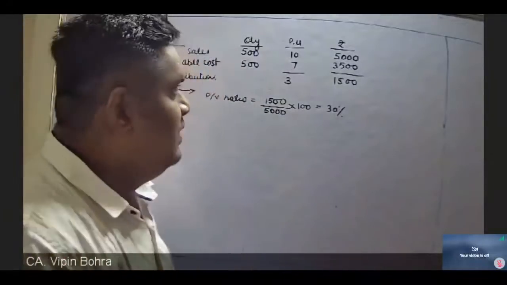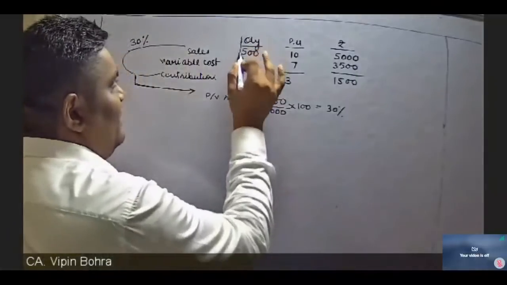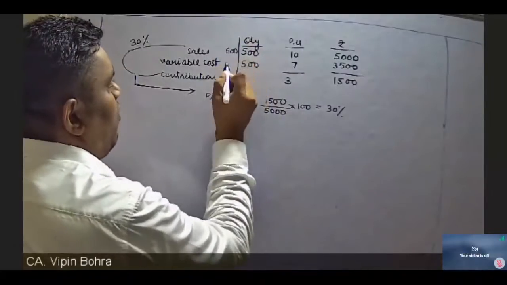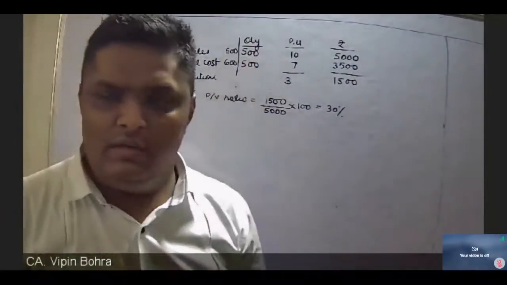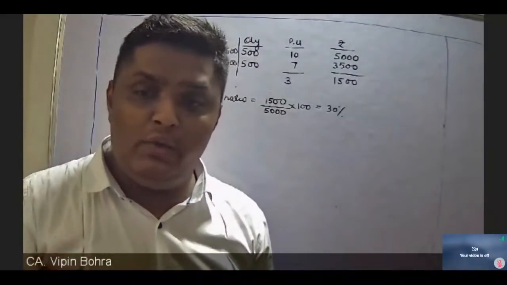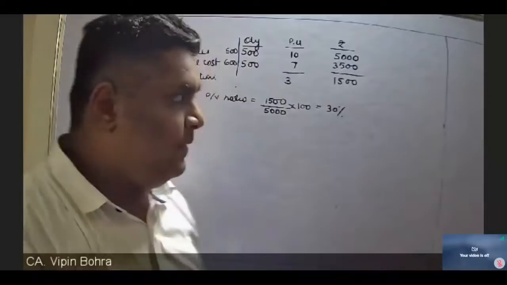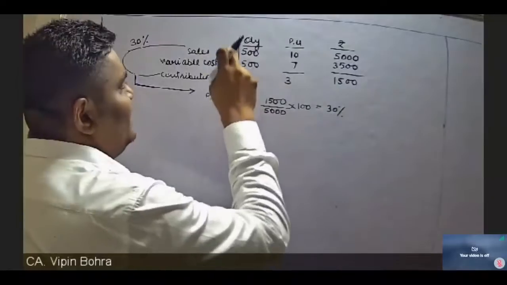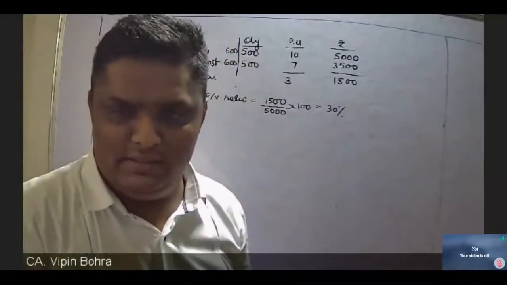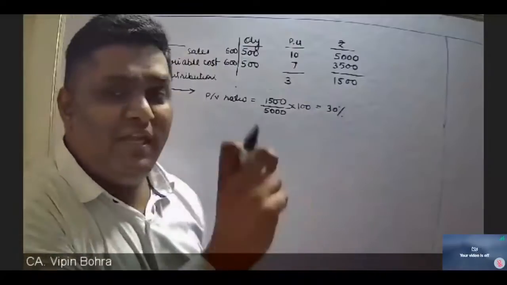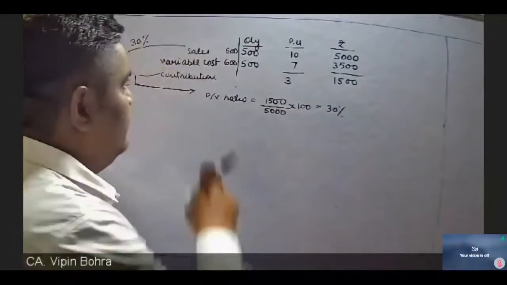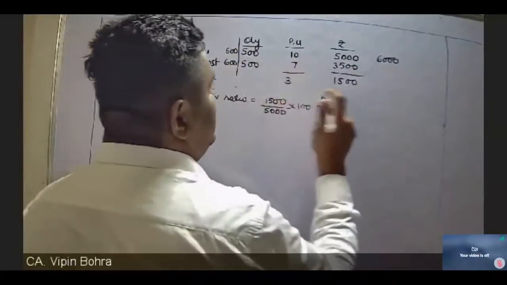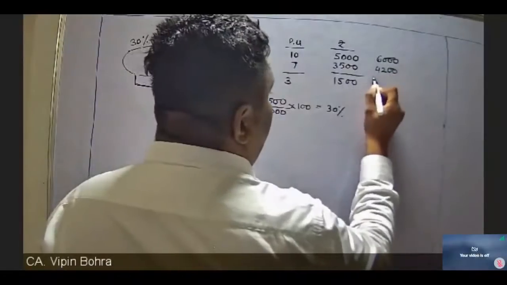Now, suppose I increase my units to 600 units. My question is, is the PV ratio going to change? Yes or no? Suppose instead of 500 units, I manufacture and sell 600 units. Let's see. 600 into 10, 6,000. 600 into 7, 4,200.